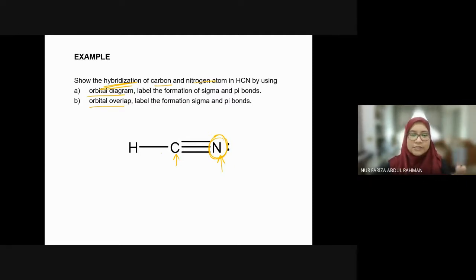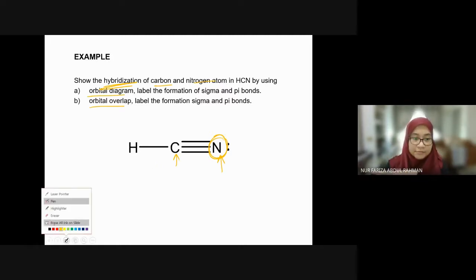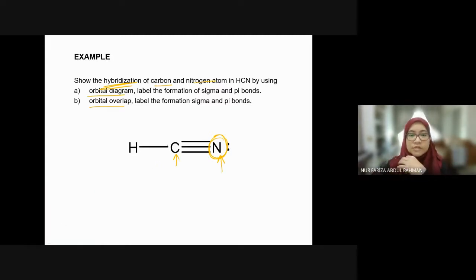So how do we determine the type of hybridization for the central atom and also for the nitrogen? It is basically the same as what we determined earlier. We identify the number of electron groups on the central atom and also on the nitrogen. Basically we are just going to count the number of electron groups.